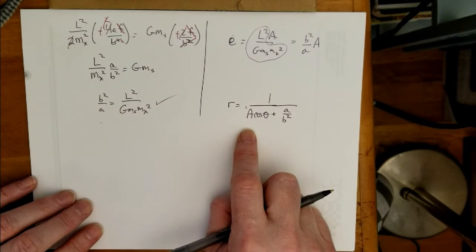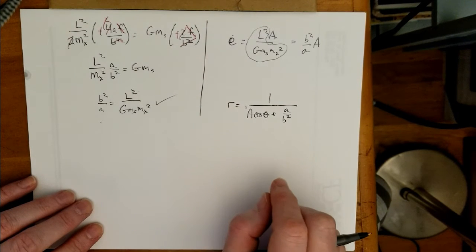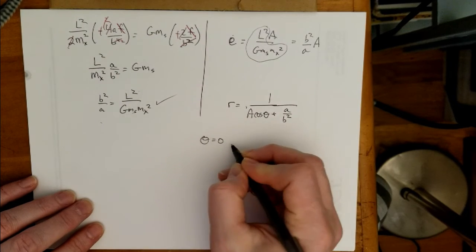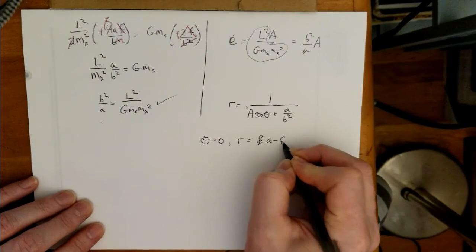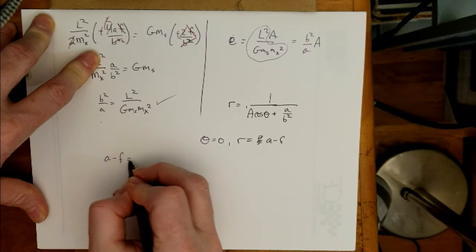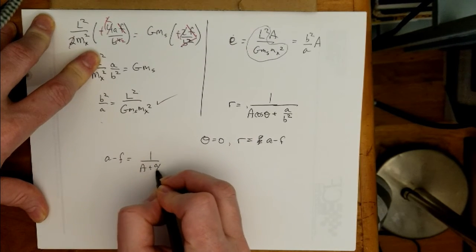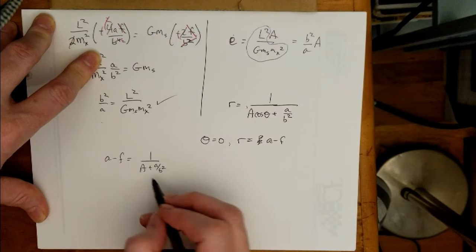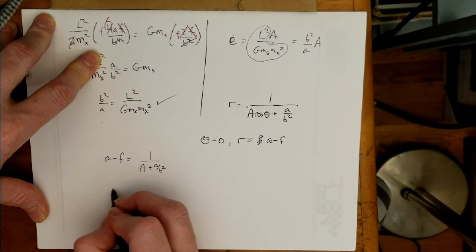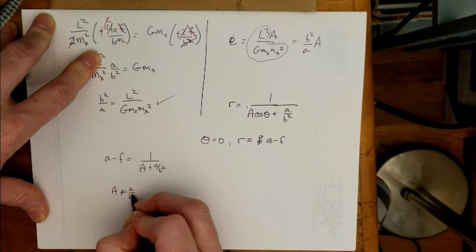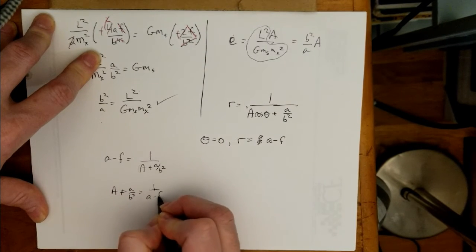And we do know a couple of points here. We know that when theta equals 0, r is equal to a minus f. So a minus f is equal to 1 over (A plus a over b squared). We ultimately are trying to solve for A here. So A plus a over b squared is equal to 1 over (a minus f).